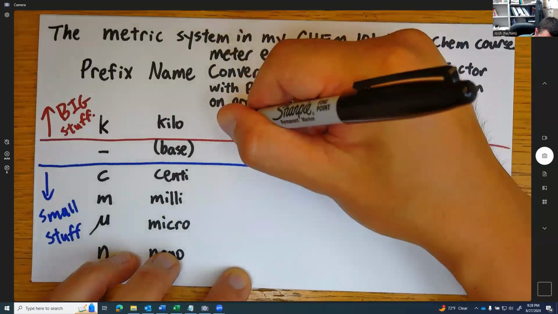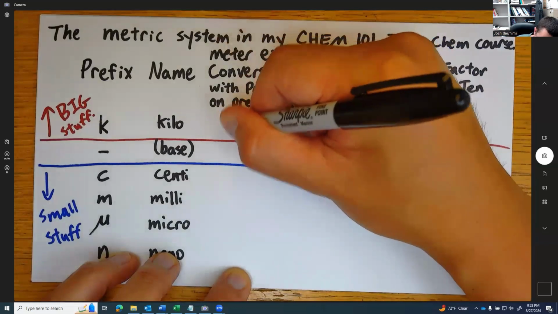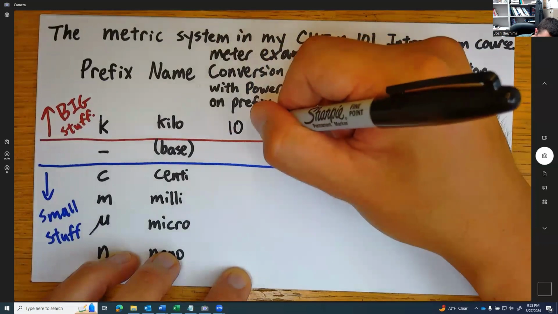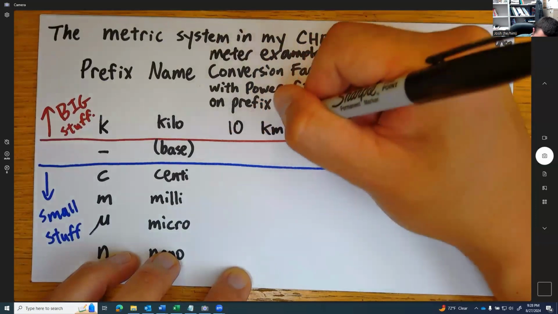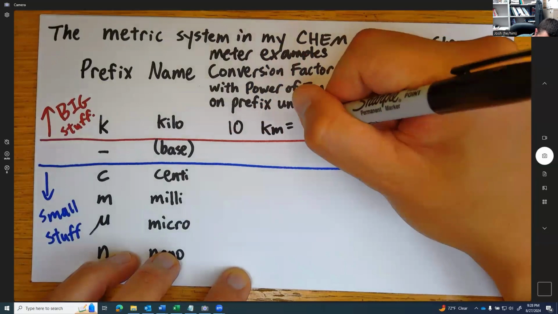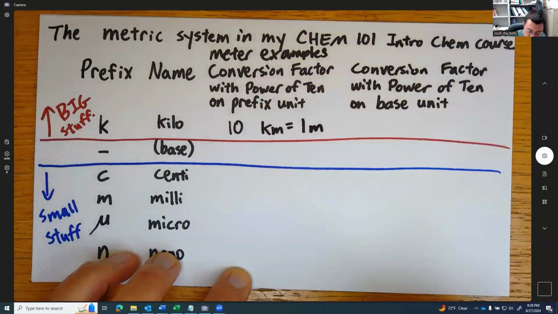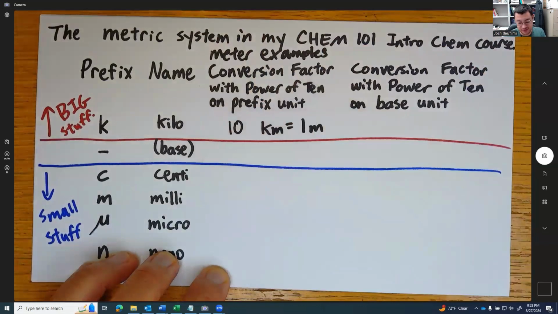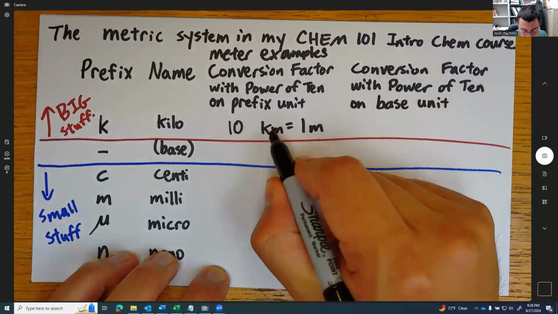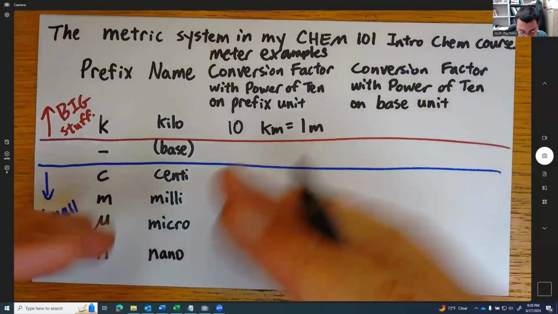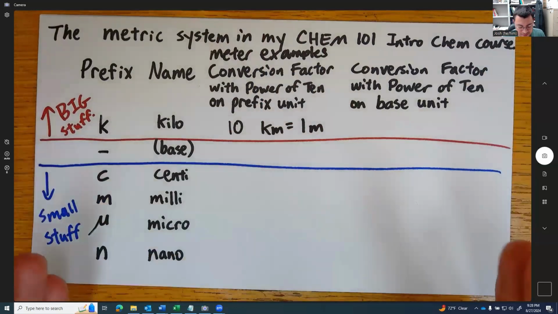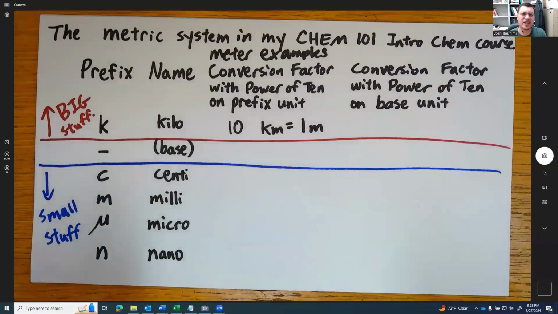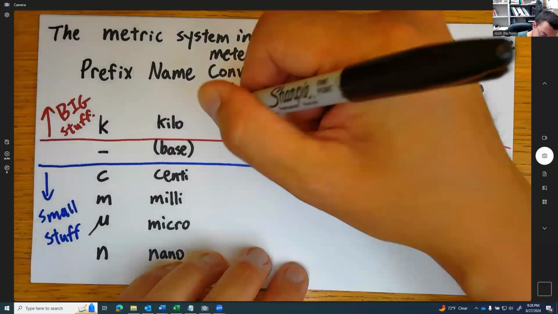So let's say we were trying to set kilometers equal to a meter. Everything is going to be compared to 1 meter here. So how can we make a kilometer, something that's a long distance, equal to 1 meter? 1 meter being about 3 feet, a yard. Not exactly, but about.